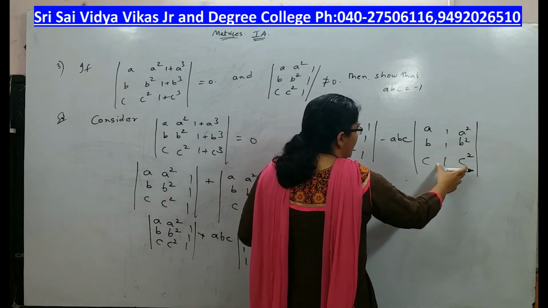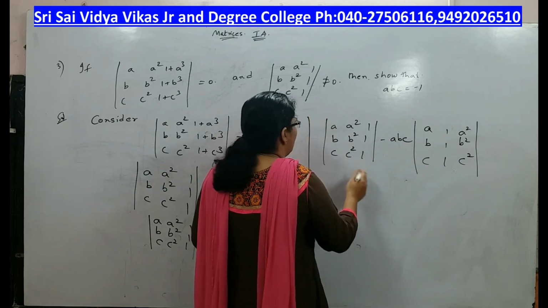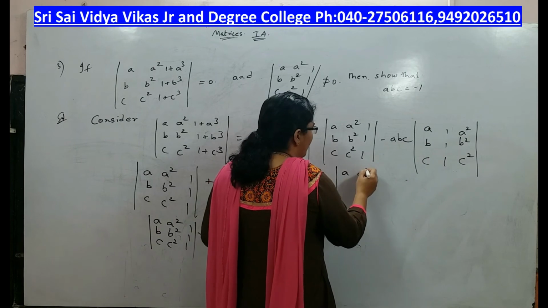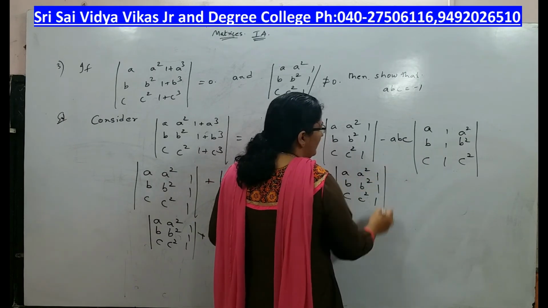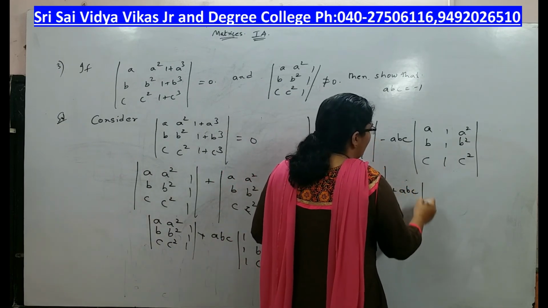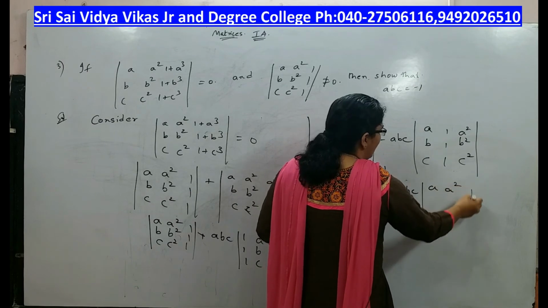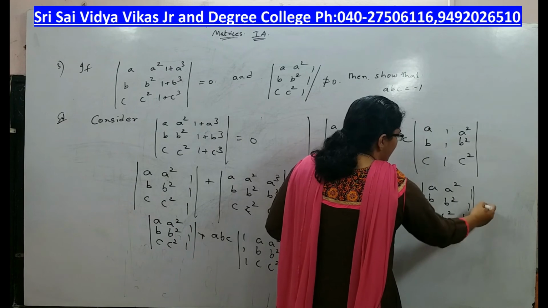Again we are interchanging these two columns. Right, what do you get? a square 1, b square 1, c square 1. Interchange these two columns, and we have plus abc into a square 1, b square 1, c square 1 is equal to 0.